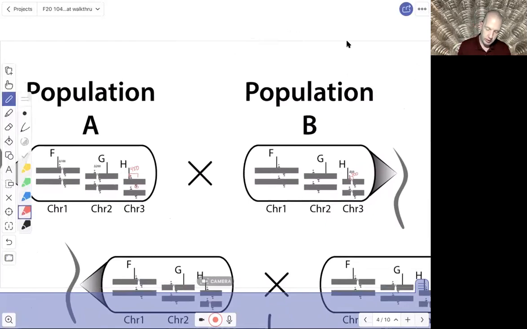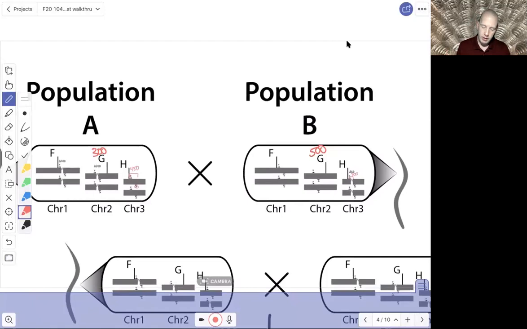Likewise, let's take a look at these other mutations. So in population B, chromosome 2, the distance between the two primers, I'm going to arbitrarily say, is 500 base pairs. So with a 200 base pair deletion in population A, that would produce a 300 base pair product, again, using the exact same primers to amplify two different individuals, one from population A and one from population B, will produce two different PCR sizes.